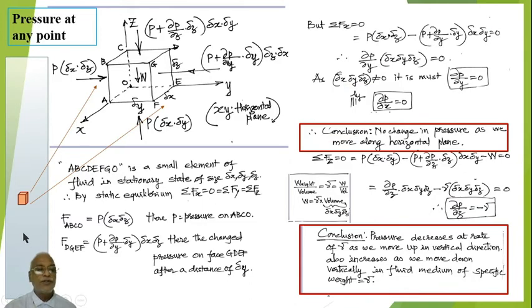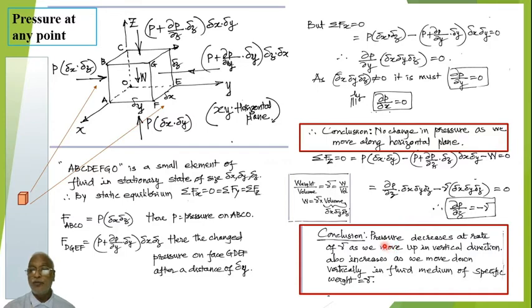What I would like to mention here are the two conclusions that we have made. We'll refresh them. The first conclusion is no change in pressure as we move along a horizontal plane inside a fluid medium. That is understandable, that if you are inside a fluid and you move horizontally, there is no change in pressure. There will be pressure, but the magnitude of pressure will not change.